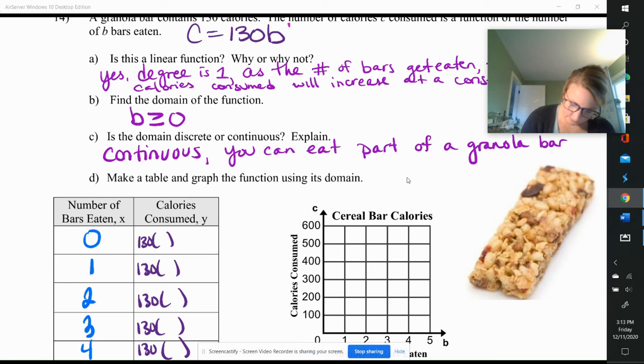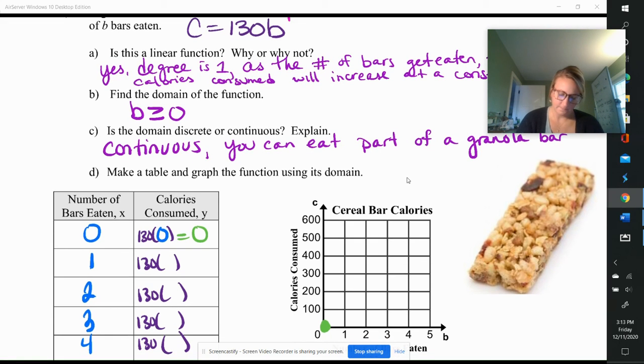So if we eat 0 granola bars, then we will consume 0 calories. So about the point 0, 0. If we eat 1 granola bar, then we'll consume 130 calories. So when x equals 1, y equals 130.